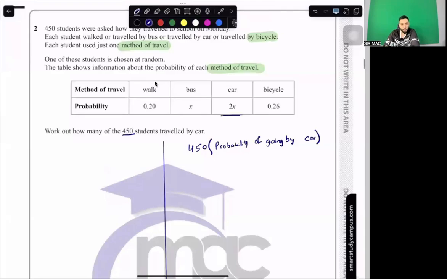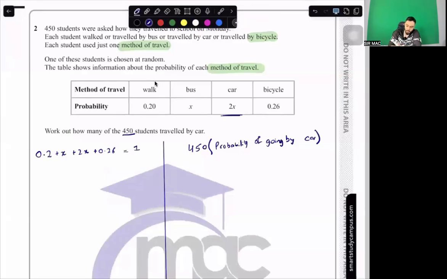Since you do not have the probability of going by the car, that's in terms of x. So initially what you will be doing is 0.2 plus x plus 2x plus 0.26. All of these individual probabilities would end up giving me 1 as an answer.